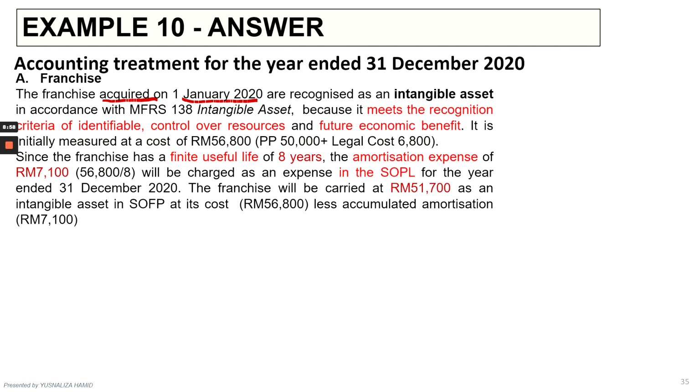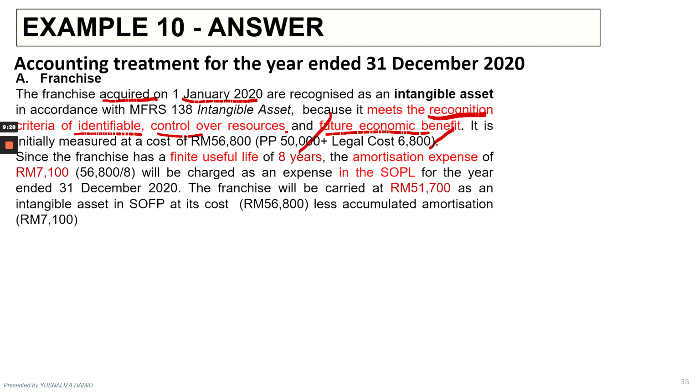So the definition of identifiable non-monetary asset has been met, and also the details in that definition that meets the recognition criteria of identifiable, control over resources and able to generate the future economic benefits. So you need to mention that, and it is measured at 56,800. So it is the legal cost plus the purchase price.